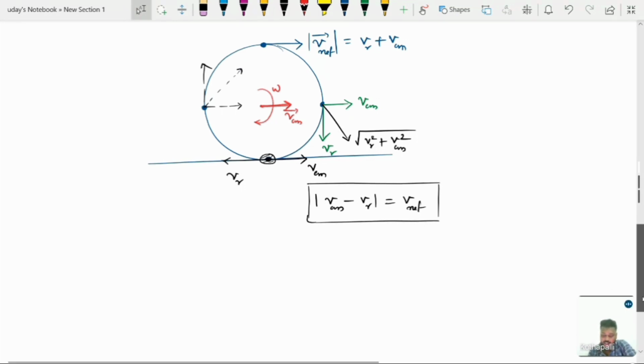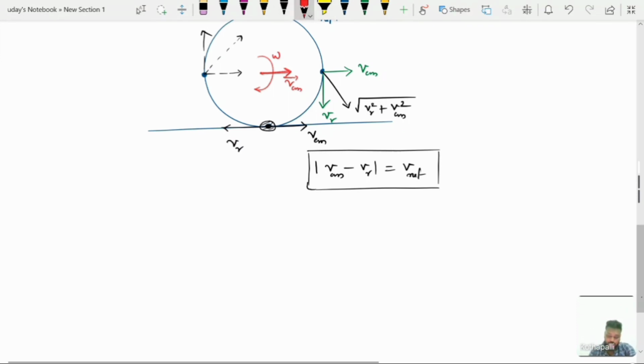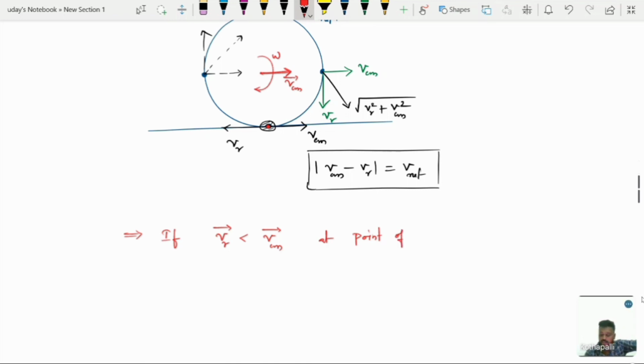Look at this point and see clearly: in rolling motion, if the velocity due to rotation is less than the velocity of the center of mass at the point of contact with respect to the ground, understand this point very clearly, this particular point will have a tendency to slip forward.